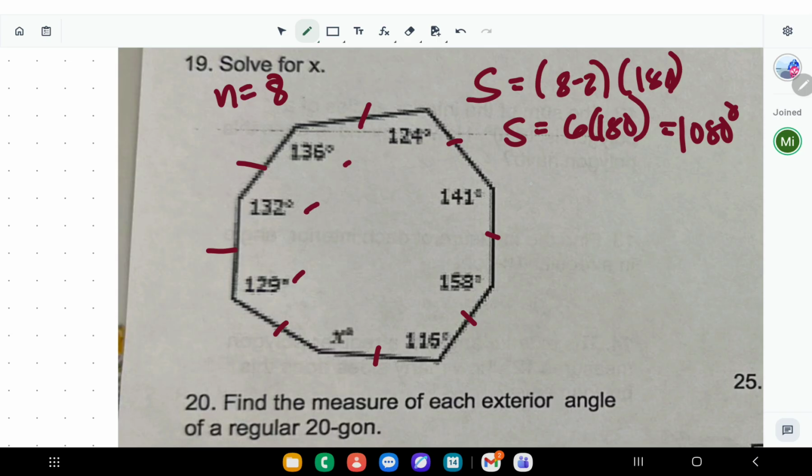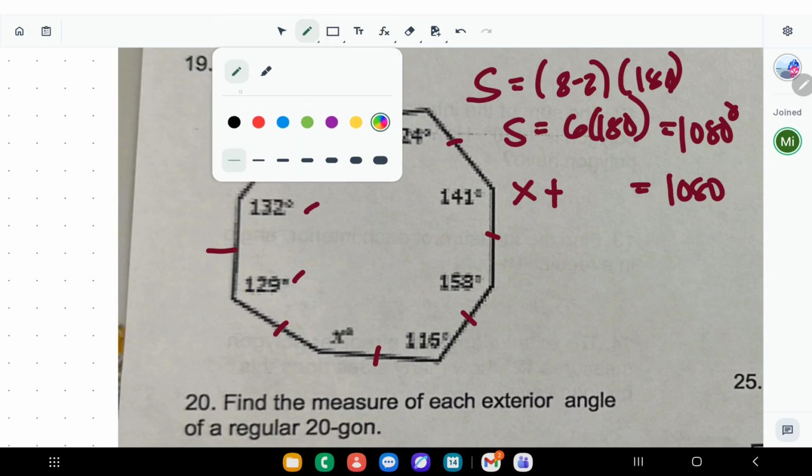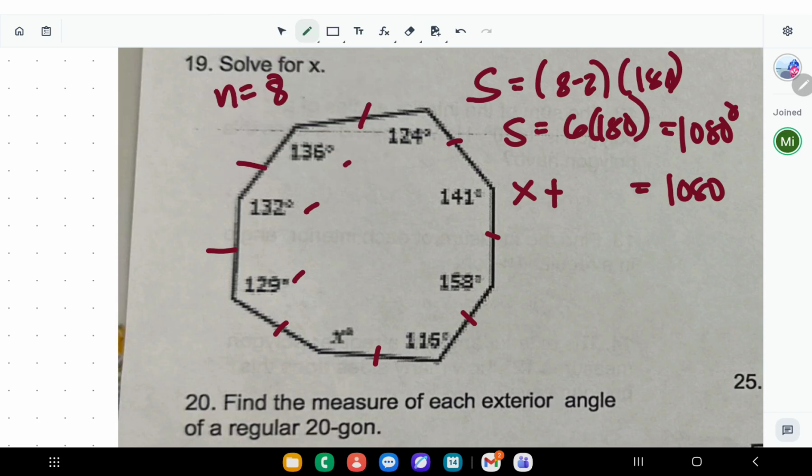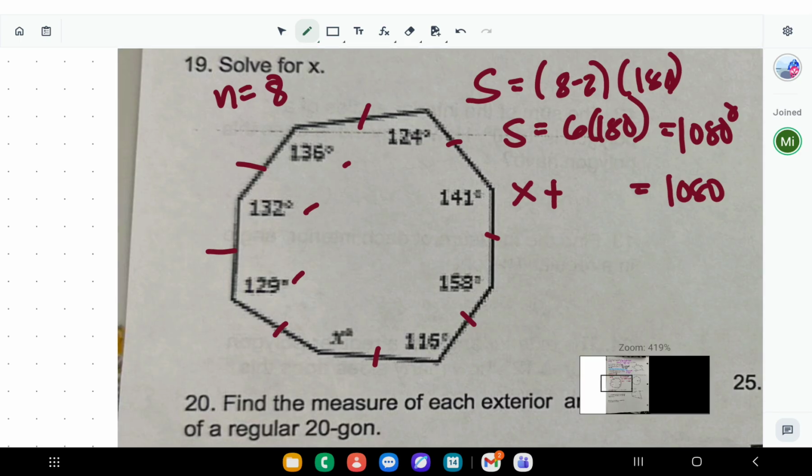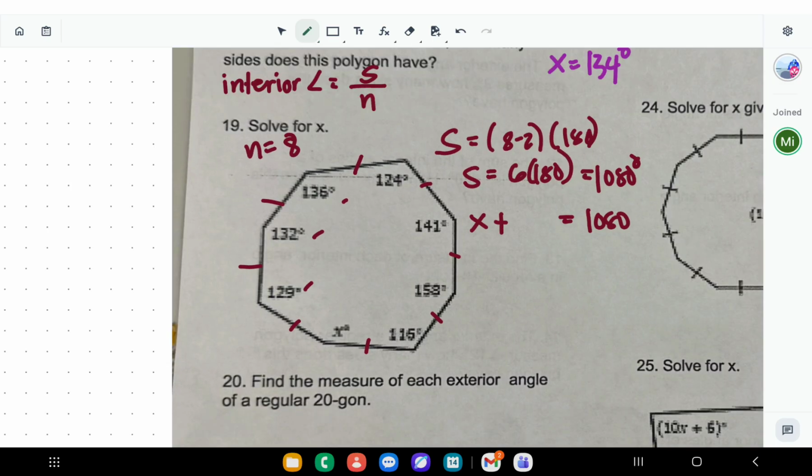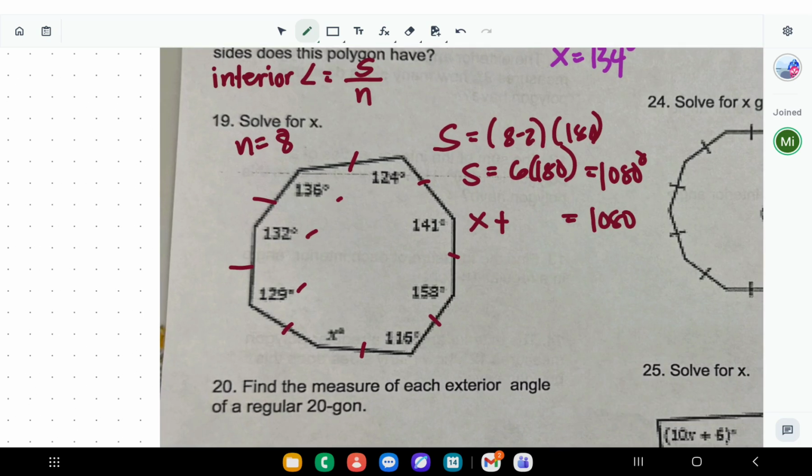So x plus the sum of everything: 129 plus 132 plus 135 plus 124 plus 142 plus 158. 136 is not 135. Okay, I got 937.